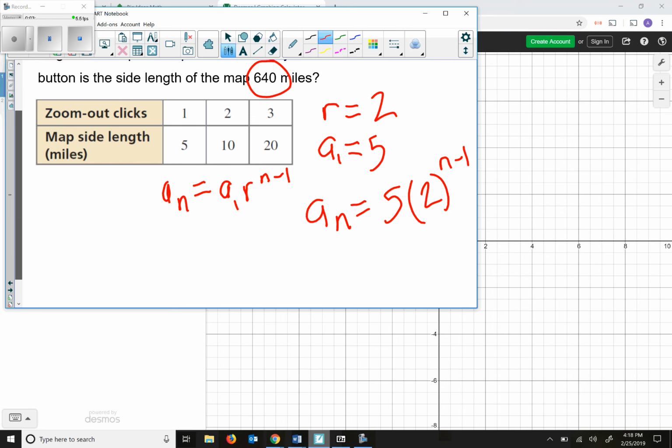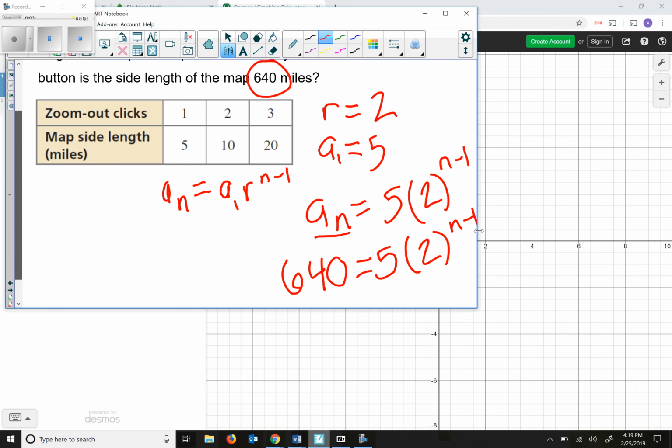When I set up the equation, that 640 is supposed to go over here to take the place of this a sub n, because that's the term that we're trying to get to. So I would set this up as 640 equals 5 times 2 raised to the n minus 1.